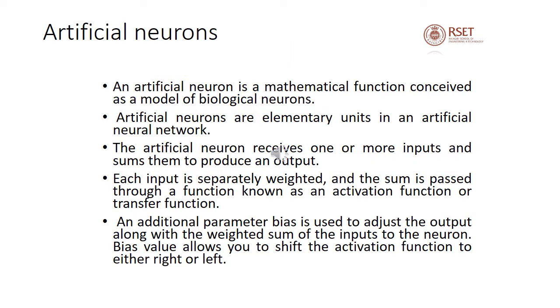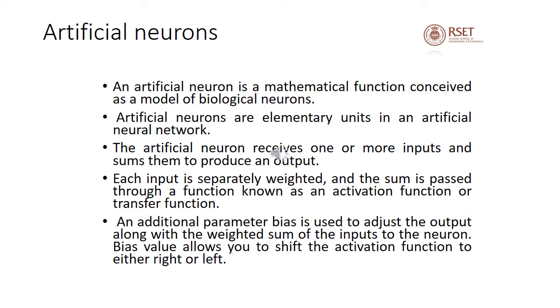What is an artificial neuron? An artificial neuron is a mathematical function conceived as a model of a biological neuron. Artificial neurons are elementary units in an artificial neural network. The artificial neuron receives one or more inputs and sums them to produce an output.